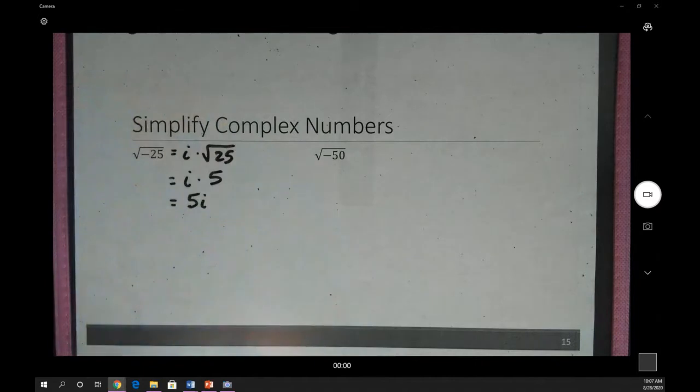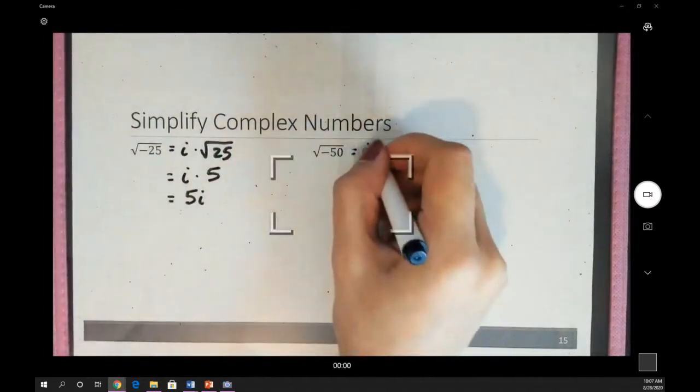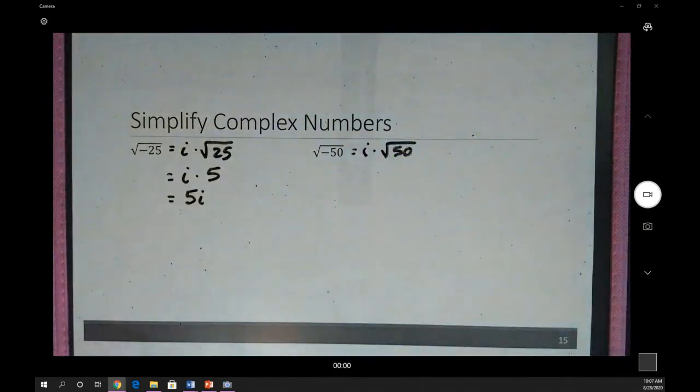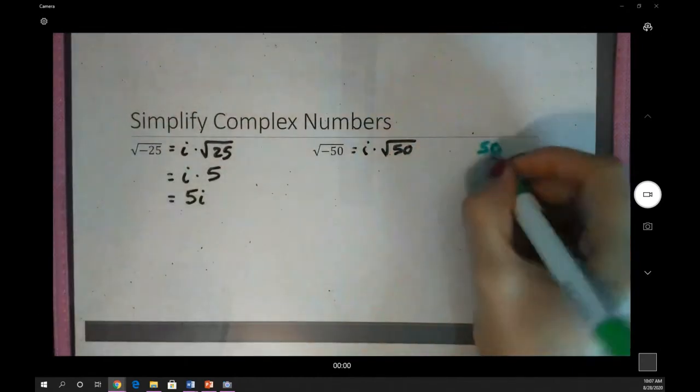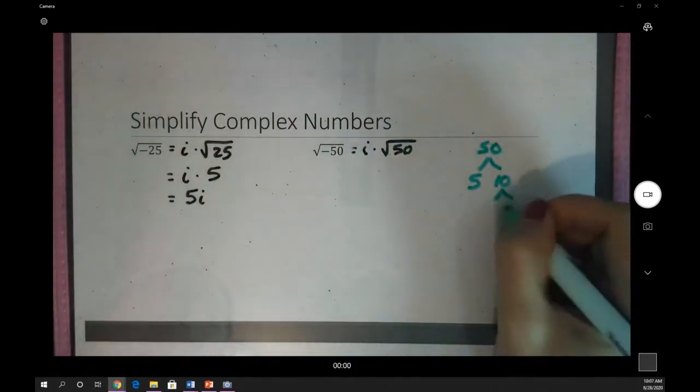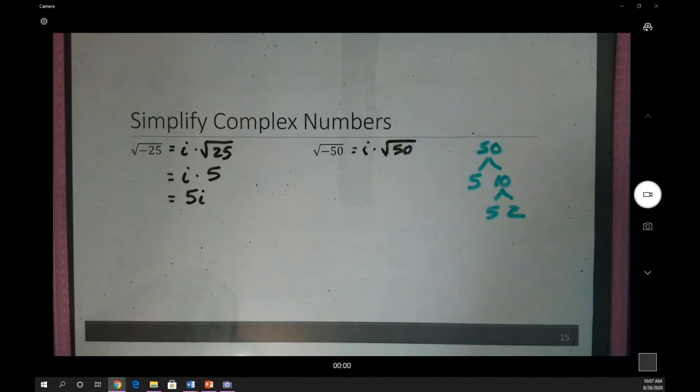For the square root of -50, we can write it as i times the square root of 50. But we have to remember how to simplify the square root of 50. This is where having practice with the radical expressions is really helpful. So 50 is 5 times 10, and 10 is 5 times 2.